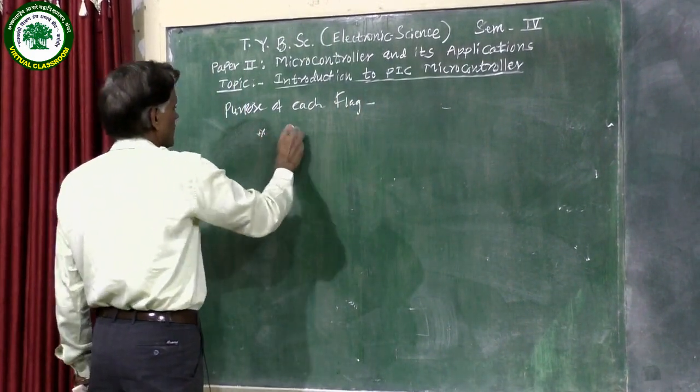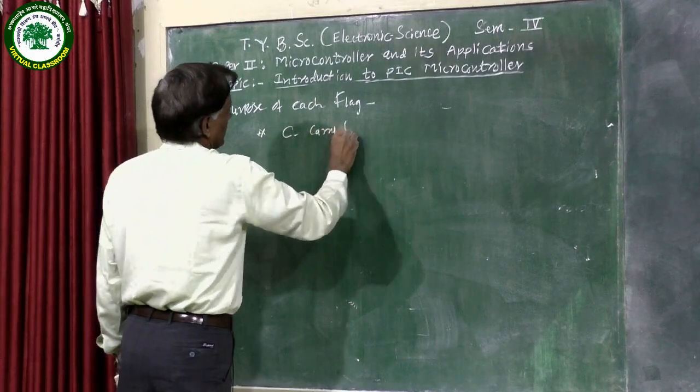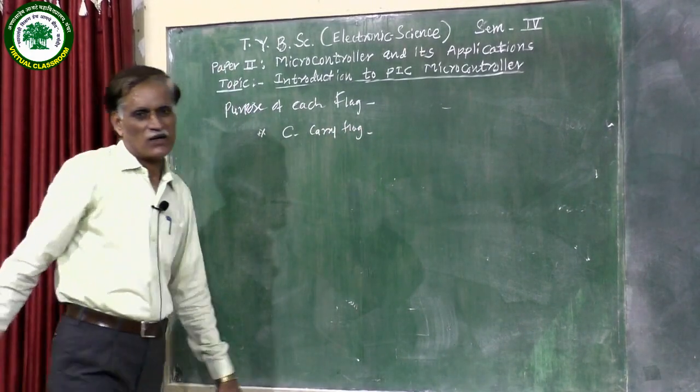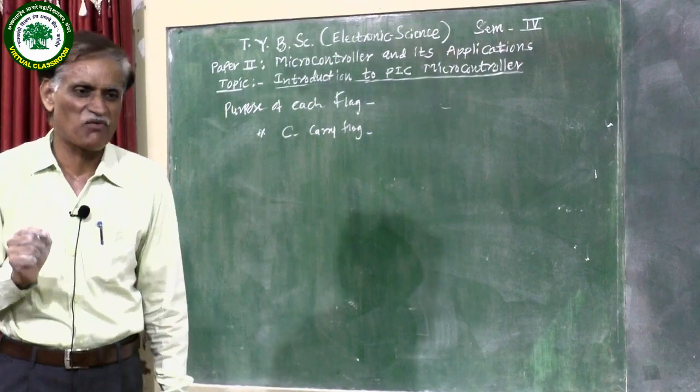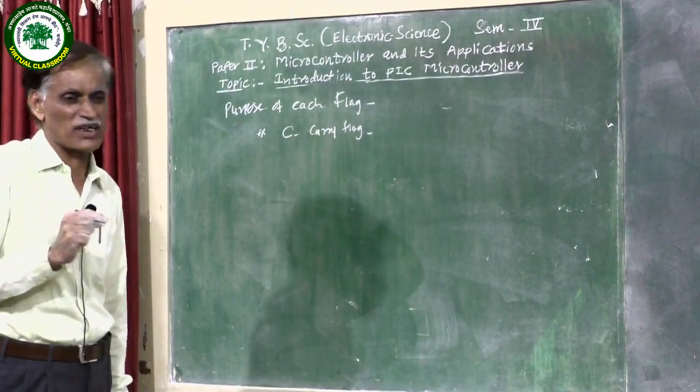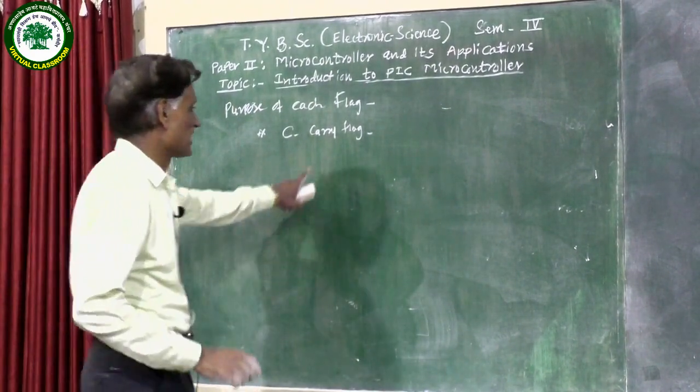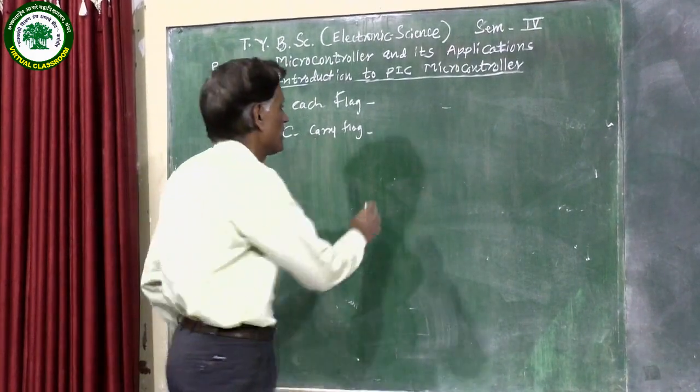First one, we are calling it C, the carry flag. When there is a carry generated from the D7 bit during add or subtract operations, the carry flag sets to 1.